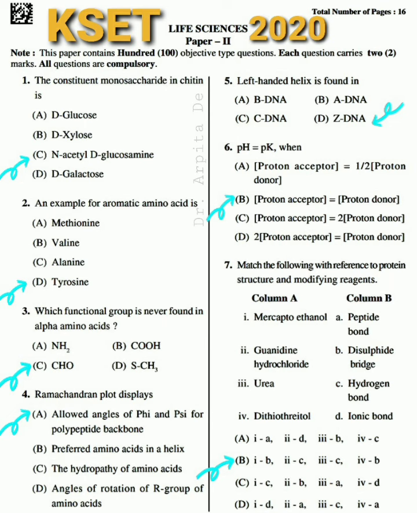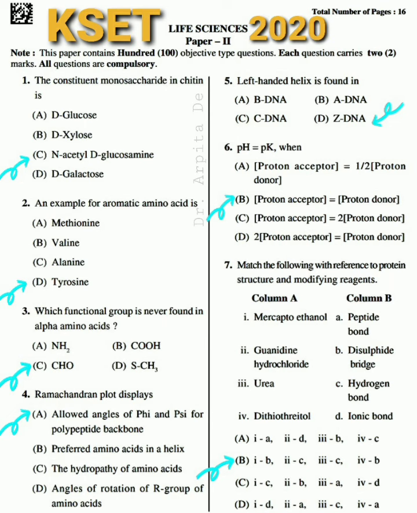Actually option D and option A are same. If you observe it nicely, you'll see option A and option D are same. Our correct answer is, see, A, C and D can never be possible. pH and pK, when they are equal, it can only happen when proton acceptor and proton donor are equal. So our correct answer is option B.